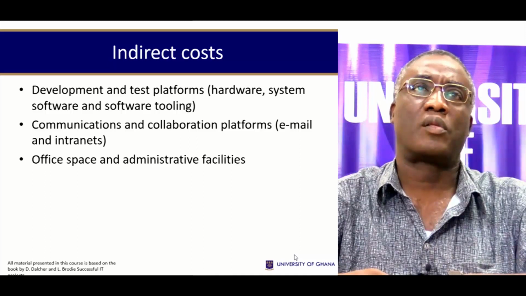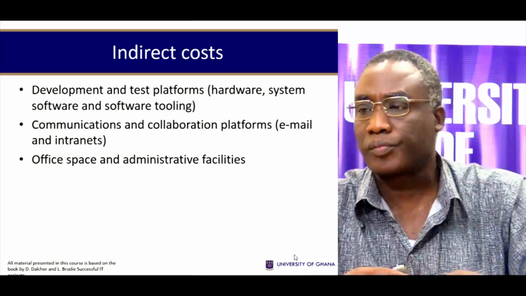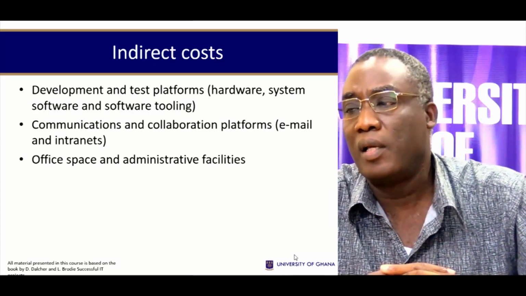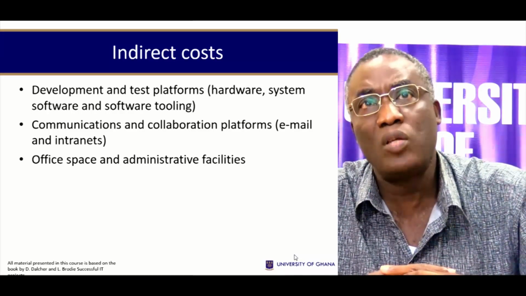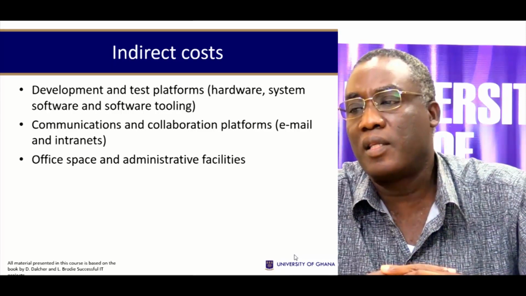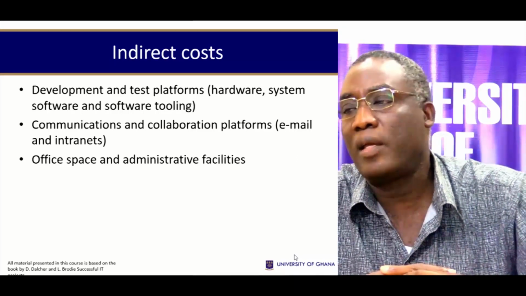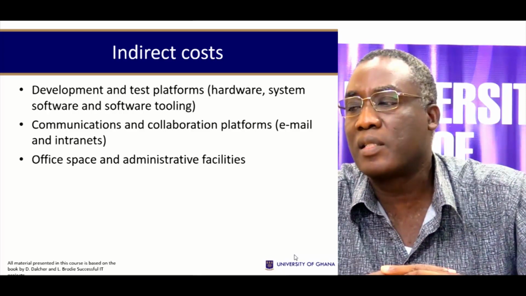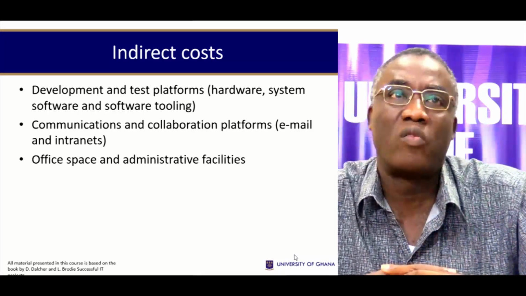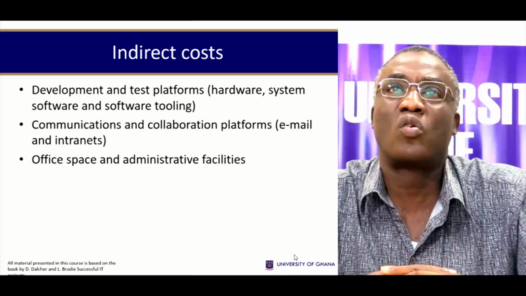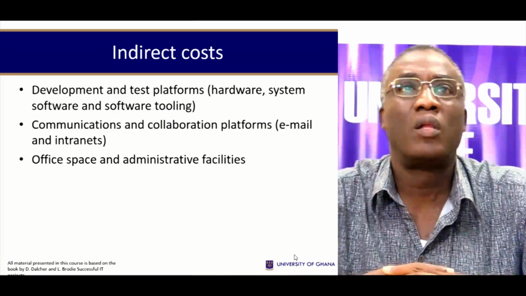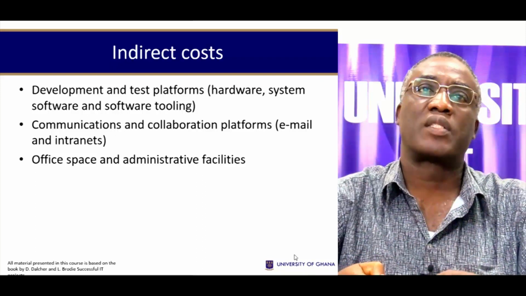Indirect costs could include setup costs, and they are related to costs involved in putting the system into place. Things such as the cost of new hardware and ancillary equipment, as well as costs for file conversion, office space, communications, and collaboration platforms are all forms of indirect costs.